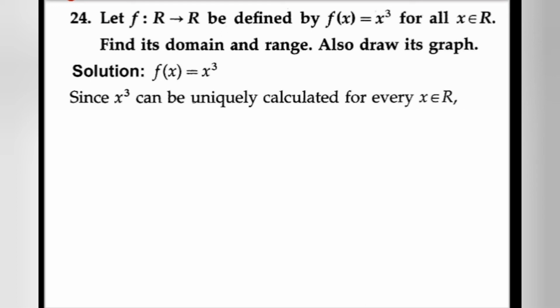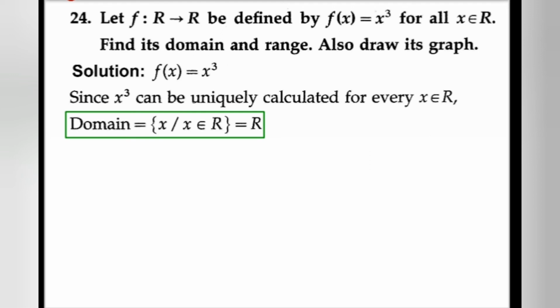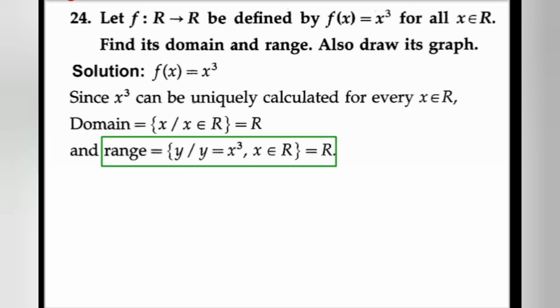Since x cubed can be uniquely calculated for every x belong to R, domain is equal to all values of x such that x belong to R, which is R, and range is all values of y such that y is equal to x cubed, x belong to R, which is R.